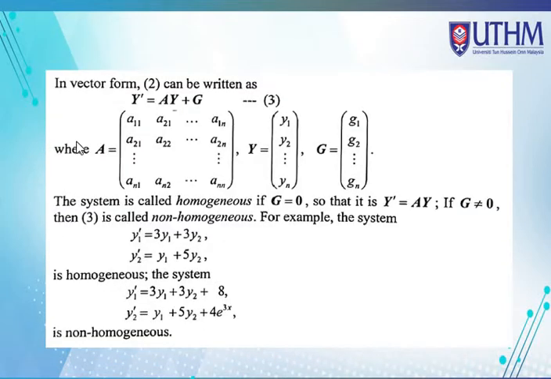If the equation is in vector form, we can write it this way: y prime equals Ay plus g.